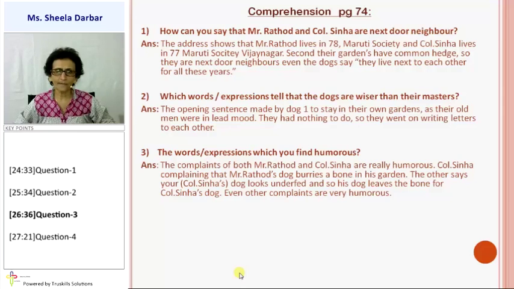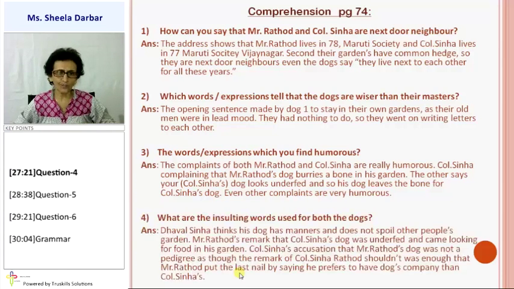And the second one, the other says that Colonel Sinha's dog looks underfed, meaning all the time hungry, and so his dog leaves the bone for Colonel Sinha's dog. Even other complaints are very humorous. Humorous meaning something funny.